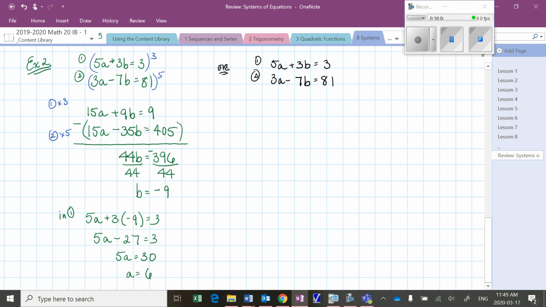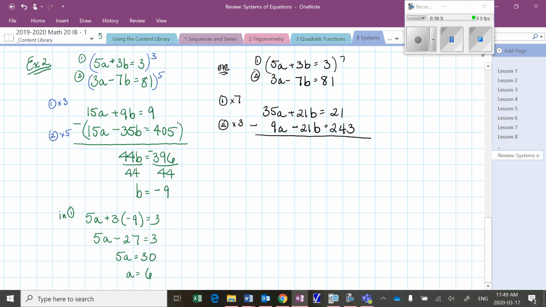So a multiple of 3 and 7 is 21. So I will multiply equation 1 by 7. So if we multiply equation 1 by 7, we've got 35a plus 21b is equal to 21, and then equation 2, I'll multiply that by +3, and we'll get 9a minus 21b is equal to 243.